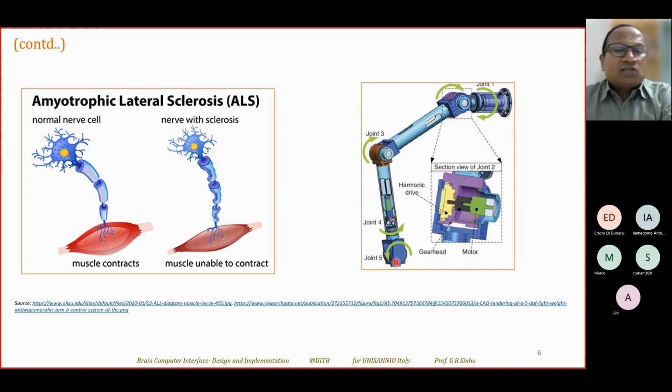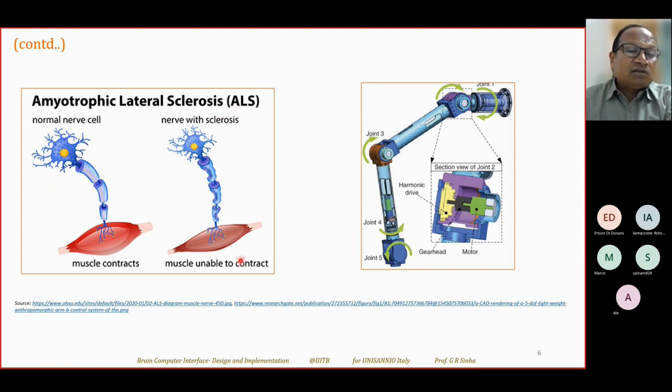This is one example: amyotrophic lateral sclerosis, ALS, where you can see a muscle when it is contracted, and when a person is not able to contract the muscle, the contraction is not possible. In both cases, this is the normal nerve cell, and this is not the normal nerve cell where there has been contraction, and this is what happens in sclerosis patients.